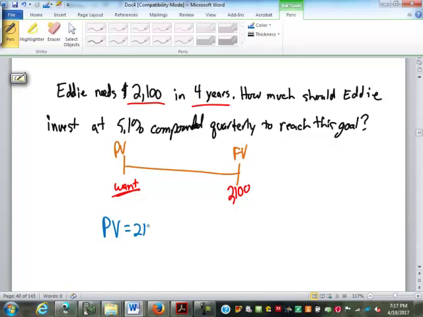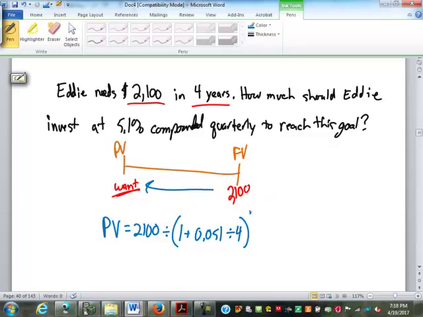That equals our $2,100. What's next? Divided by. Good, because we're going backwards. Parentheses. 1 plus 0.051. Compounded quarterly, so divided by 4.